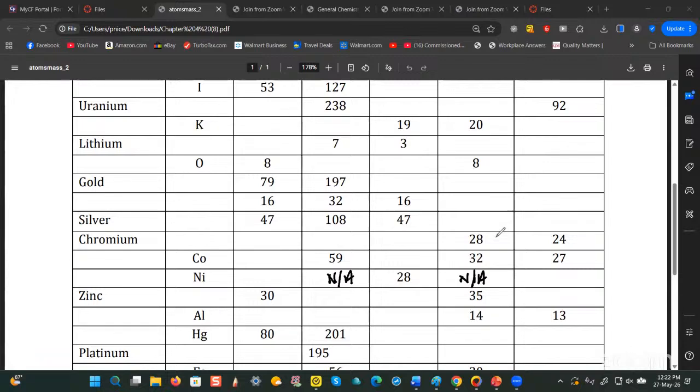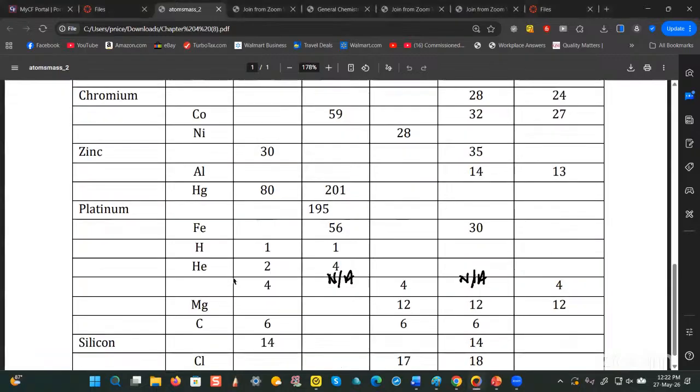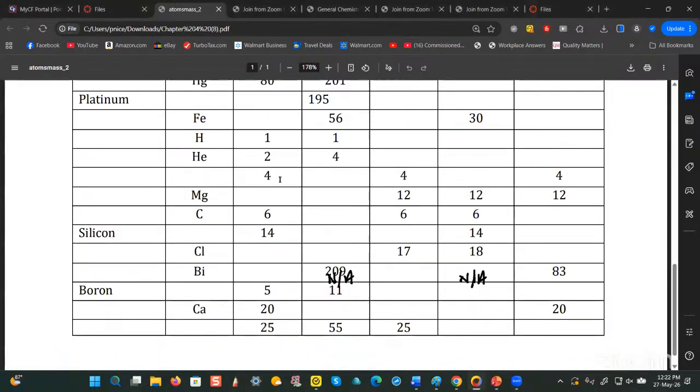I think it's platinum. No, for platinum they gave it a mass number, so that's not it. But I think there's another one. Oh, okay, I see it. The other one is this one right here.